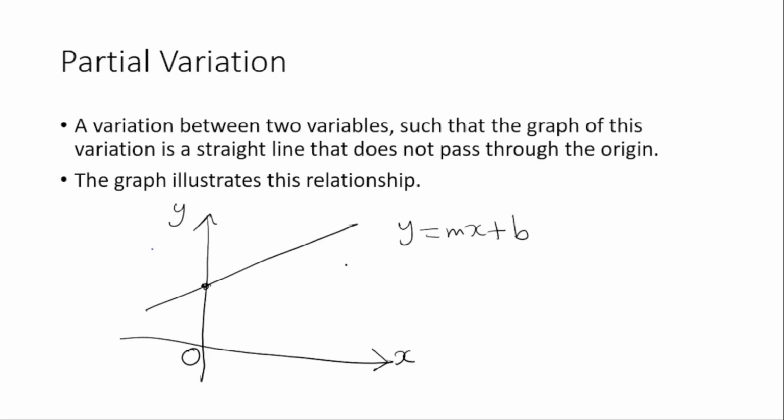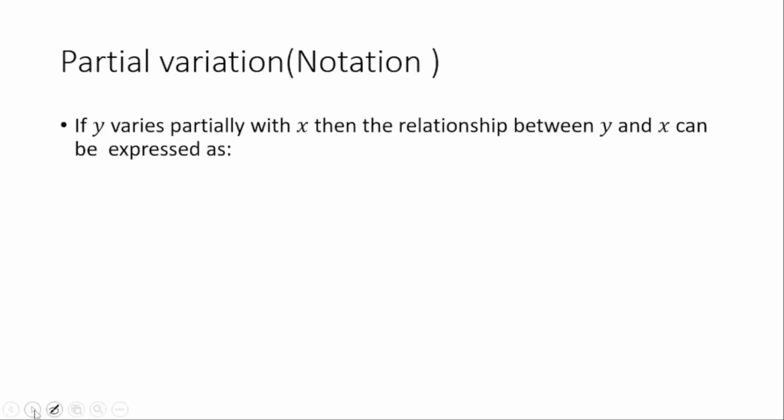this variation is y is equal to mx plus b. So in terms of notation, this relationship between y and x can be expressed as an equation, y is equal to mx plus b.